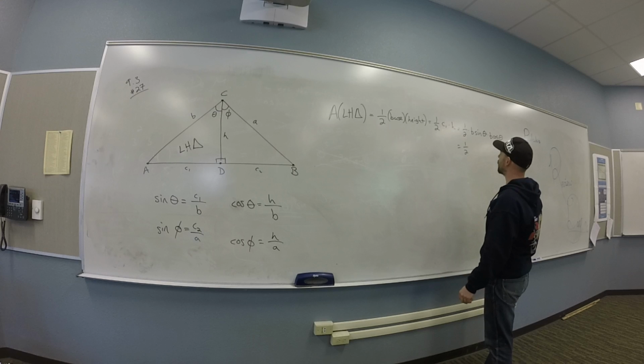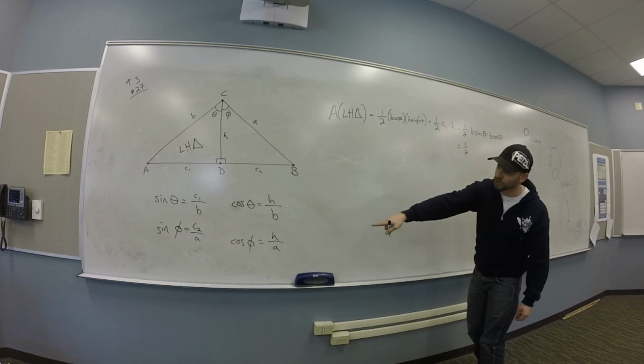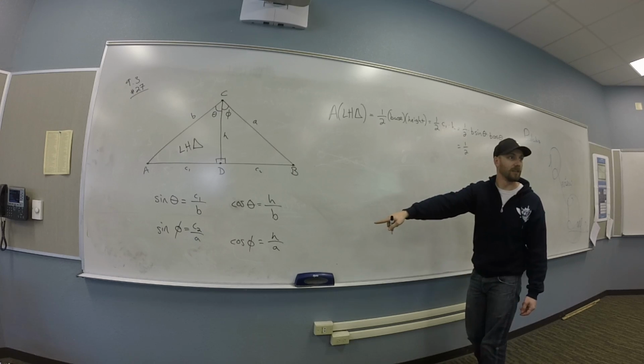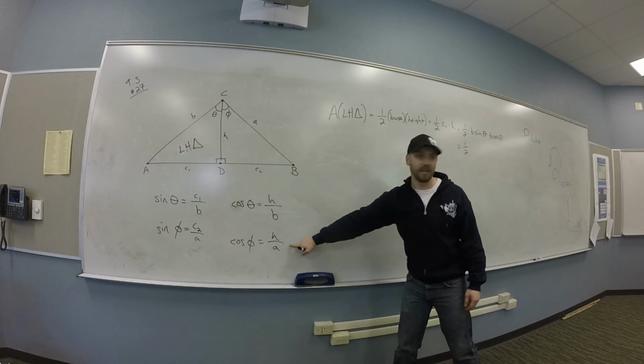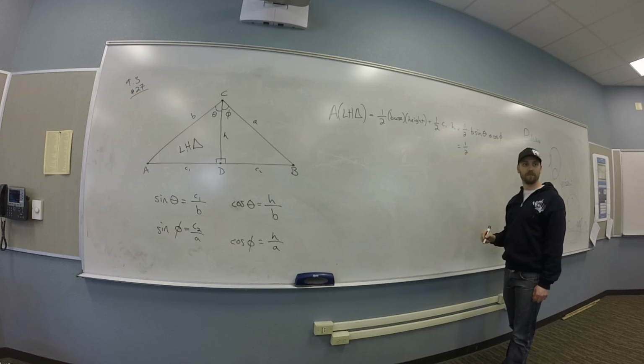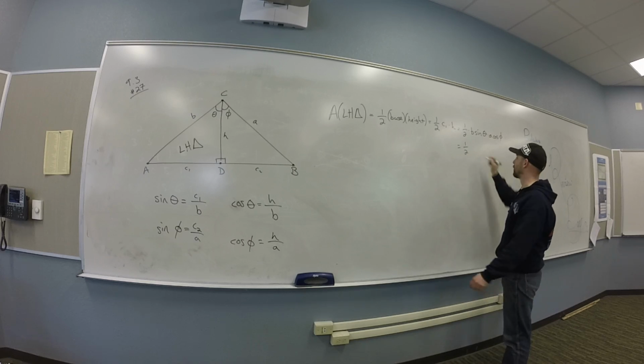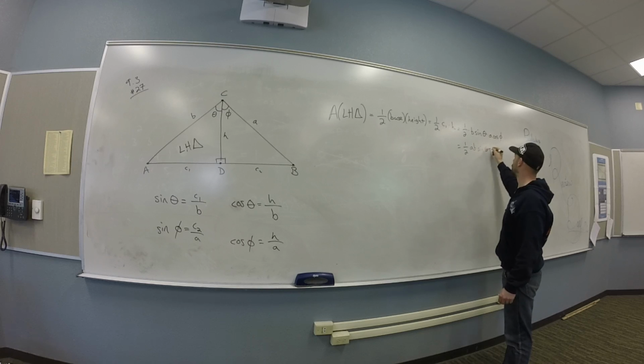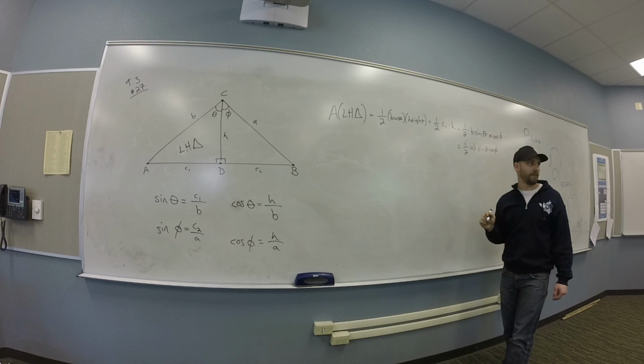Oh, they didn't want me to do that one. H is also the top of this other one. You see that? That's the one they wanted me to use. So that should be A cosine of phi. Both things are actually true; they just wanted me to use a certain one. So I got a half AB sine theta cosine of phi. Is all good with that?